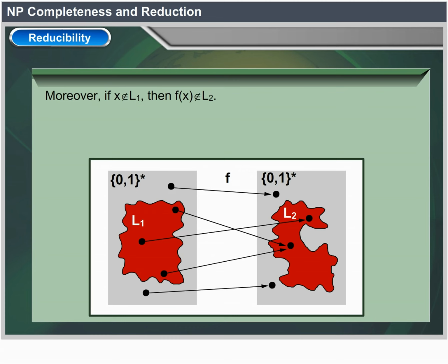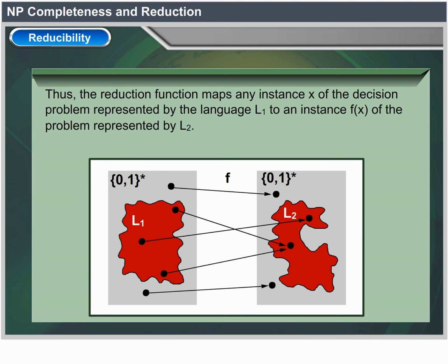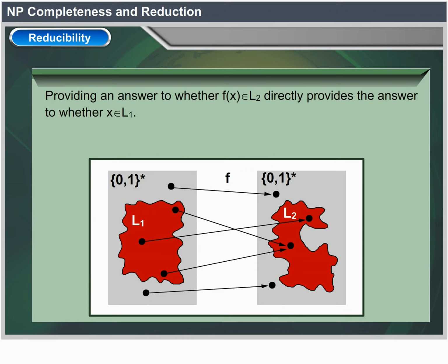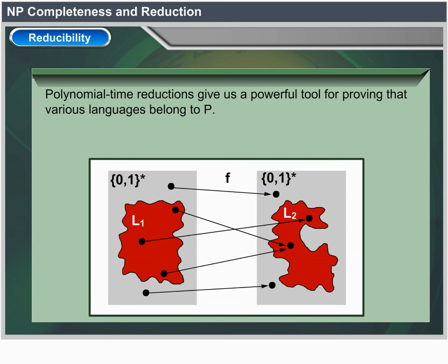Thus, the reduction function maps any instance x of the decision problem represented by the language L1 to an instance f(x) of the problem represented by L2. Providing an answer to whether f(x) belongs to L2 directly provides the answer to whether x belongs to L1. Polynomial time reductions give us a powerful tool for proving that various languages belong to P.